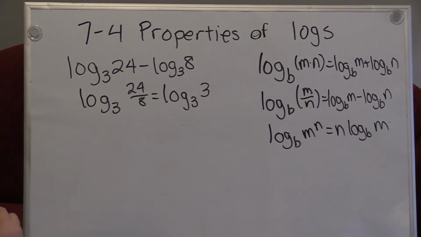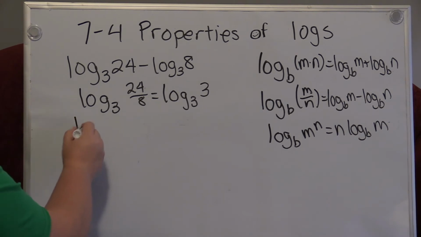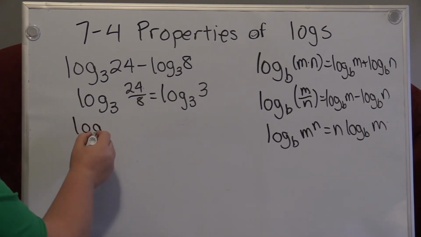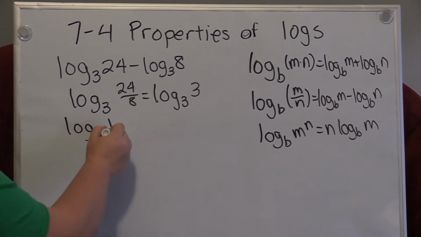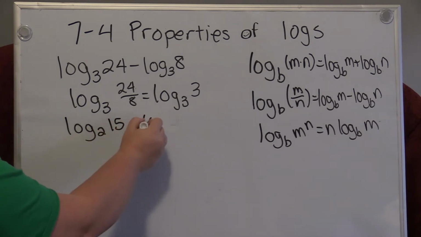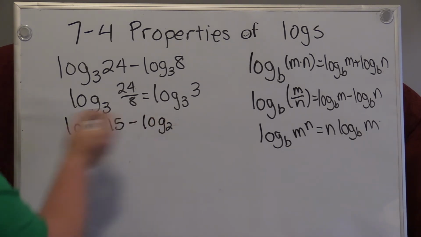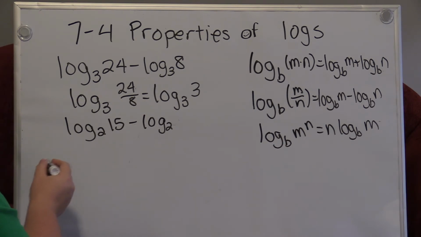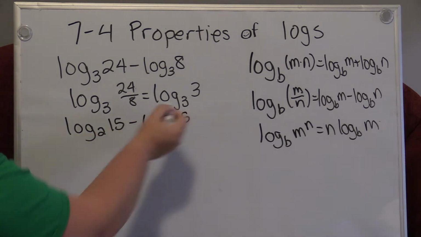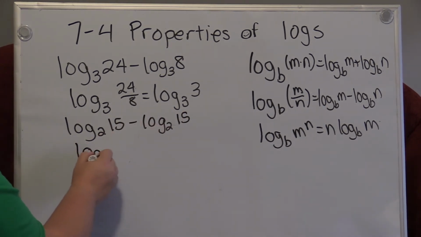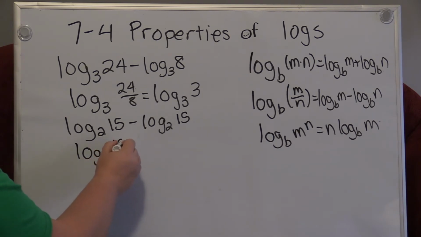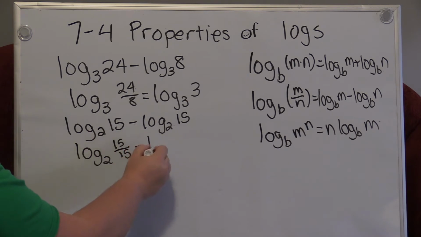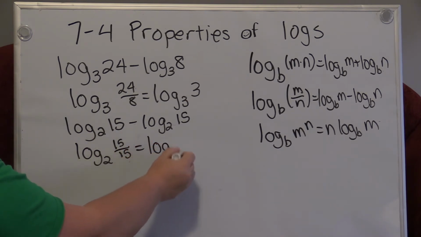My next example is the log base 2 of 15 minus the log base 2 of 15. This becomes the log base 2 of 15 over 15, or the log base 2 of 1.